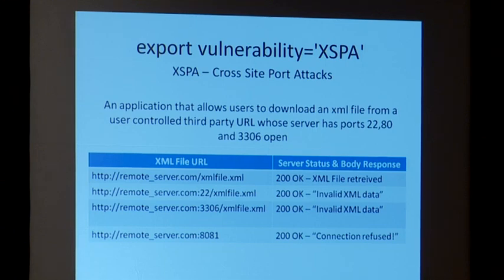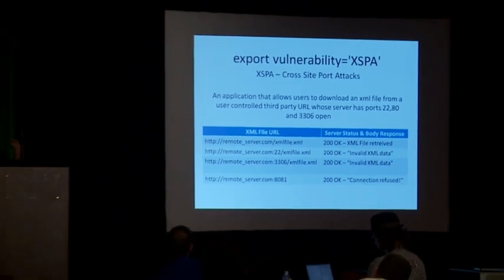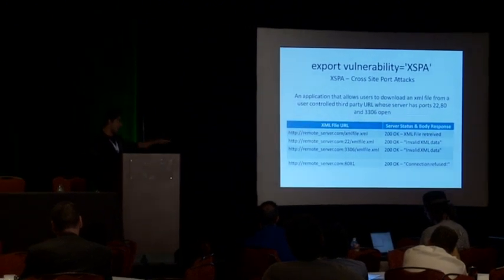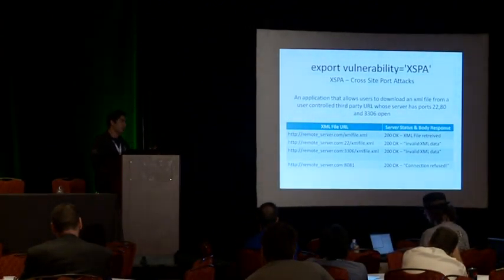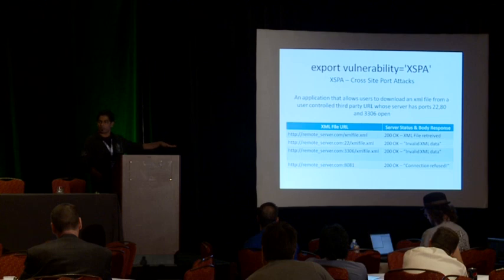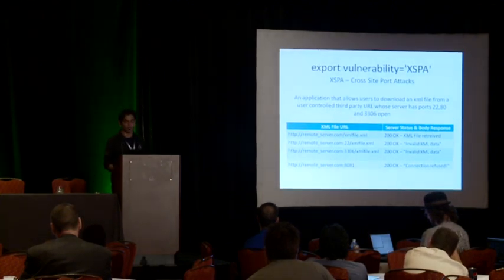Because when you try to access 8081, the error message that you receive is connection refused, which is definitive. You can try it out with other closed ports, random higher number ports like 40,000 odd. And if there's a connection refused, and the error message is static with all the other closed ports, then you can be sure that you can use this URL to port scan.